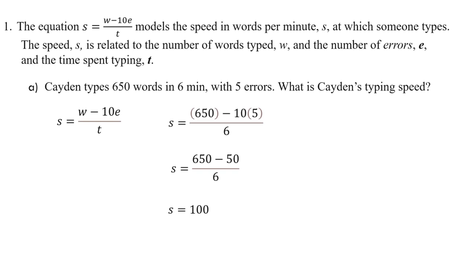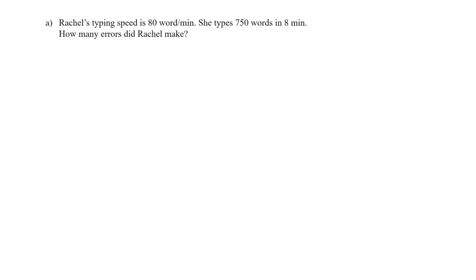So just by substituting the values in the question, 650 for W, 5 for E, and 6 for T, we're given a typing speed of 100 words per minute. And there's our answer.